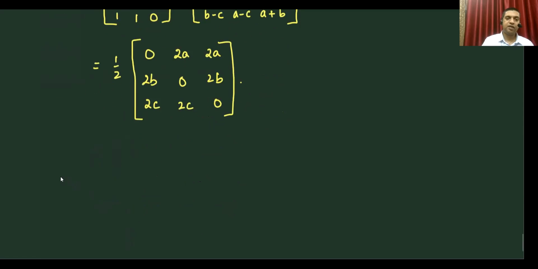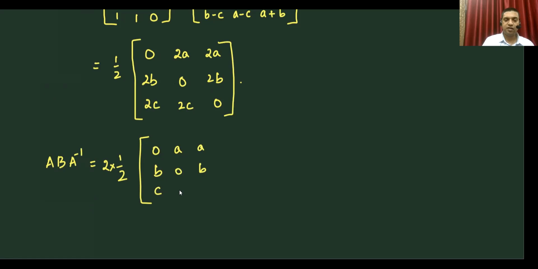Now, we have AB into A inverse. So half of this, we can of course take 2 common, because it's a matrix. 2 will come throughout the entire matrix, all the rows, all the columns. It's not a determinant, where 2 will come out of only one row or one column.